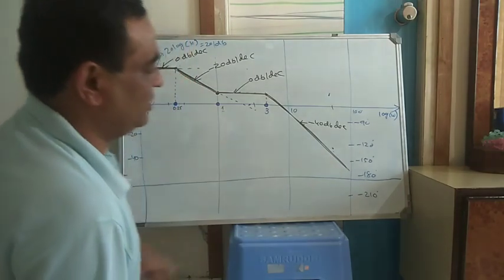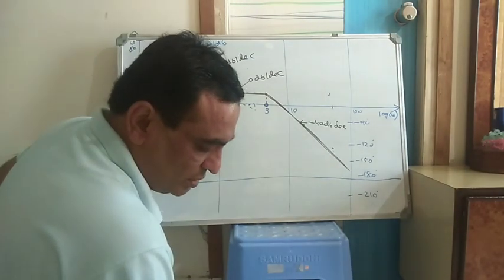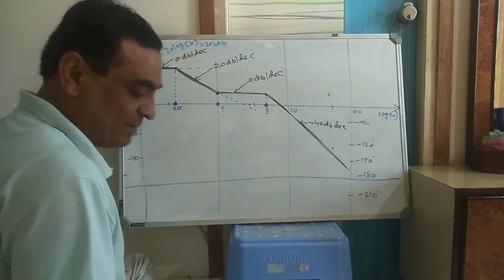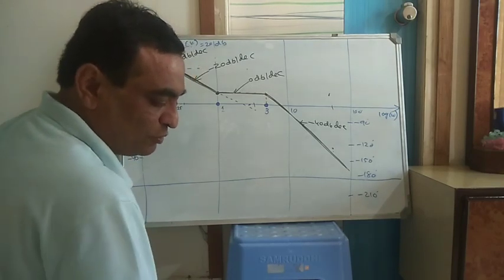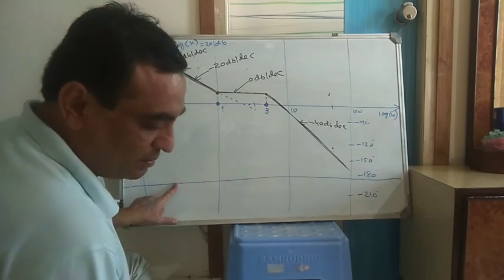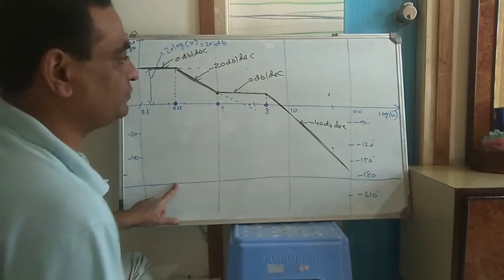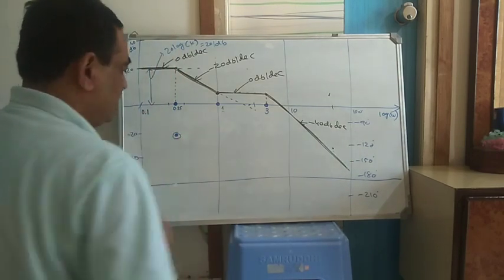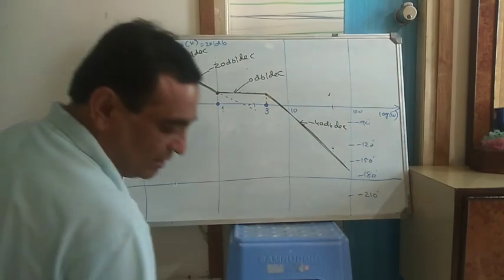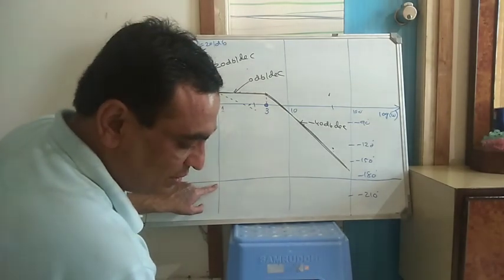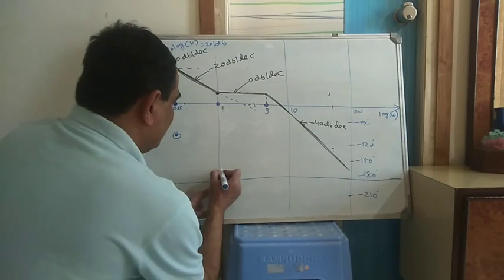Now, at the corner frequencies, if you refer to the phase table, at omega equal to 0.25, the angle was minus 104. Minus 104 is somewhere here. Then omega is equal to 1, the minus 174, minus 174 is here.